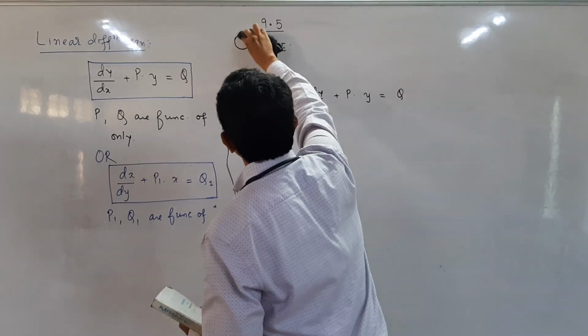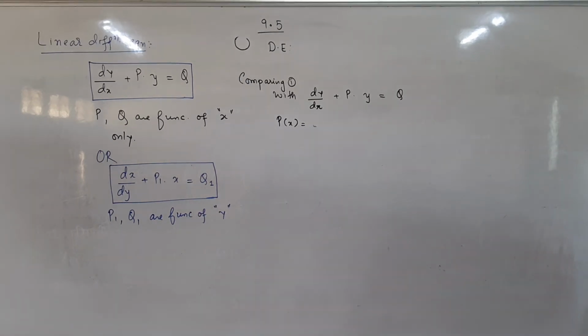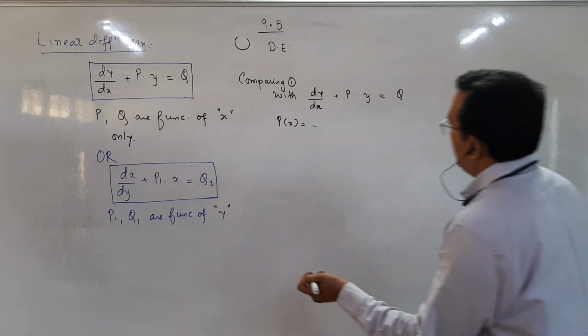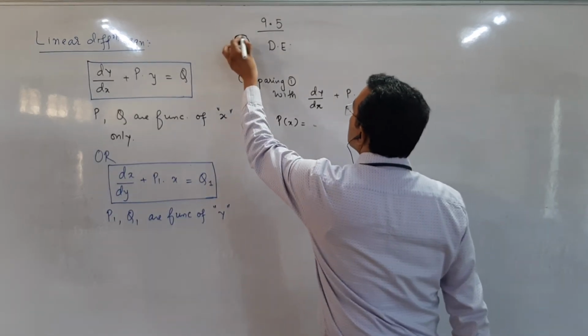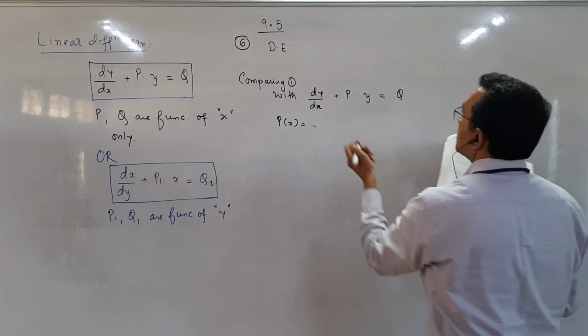Now students, we are doing sum number 6. Question number 6, students, we are doing. Now, it is x dy by dx. Throughout I am dividing by x always. The coefficient of dy by dx is to be 1.